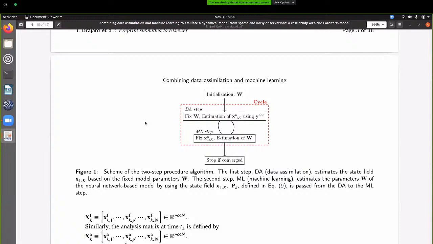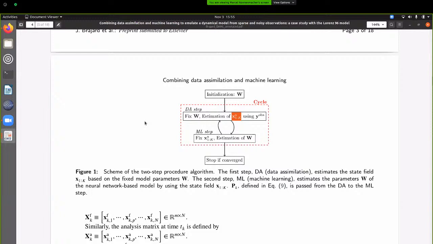It's a general algorithm that you can use whenever you have what I call latent variables. In this case, this was the actual state. You had the observed variables, which were the noise-corrupted subsampled version, but you have these latent variables that are relevant for estimating the parameters of the dynamical system, but you don't have them, so you have to estimate them.